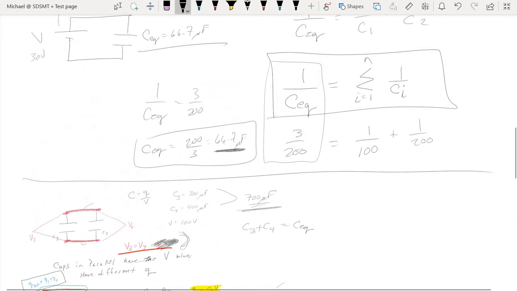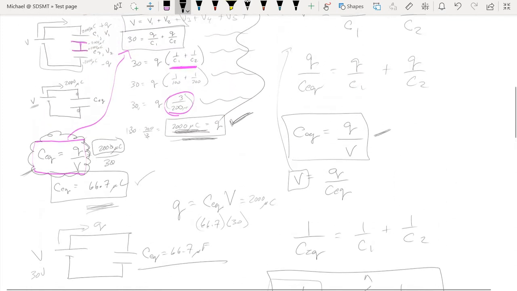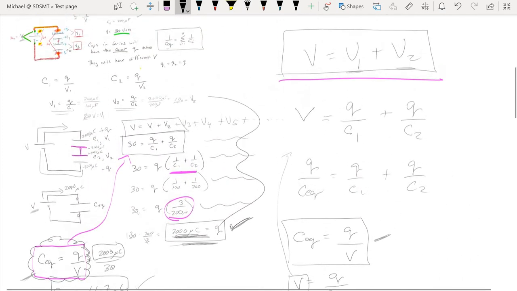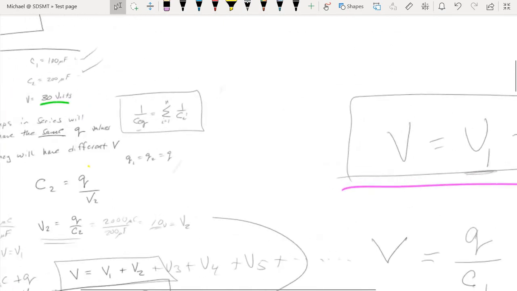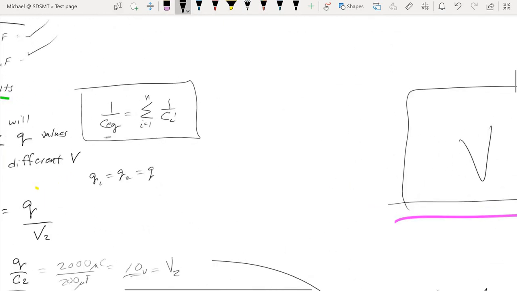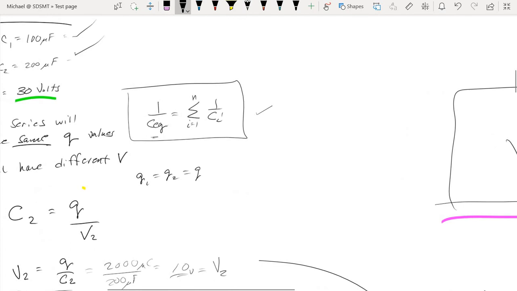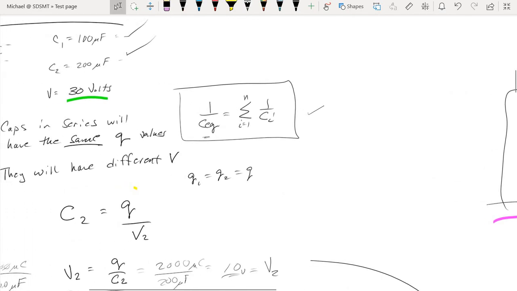You can also have as many capacitors connected in series as you want, and the equivalent capacitance that they make can be found using the inverse summation of all the individual capacitors.